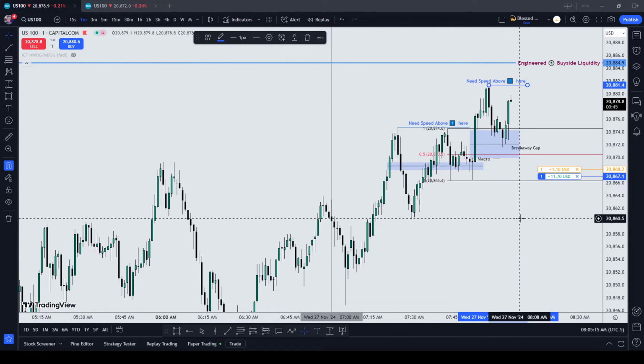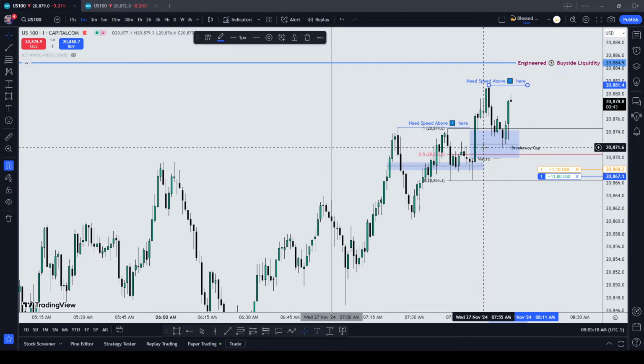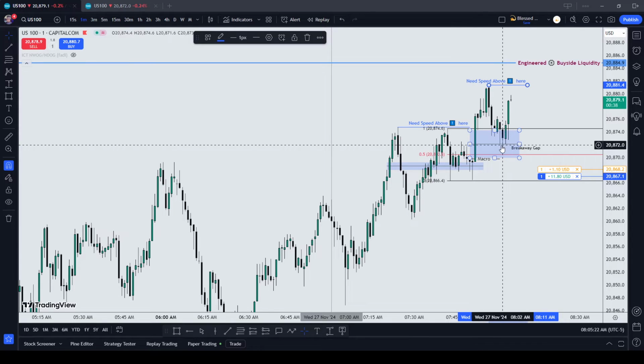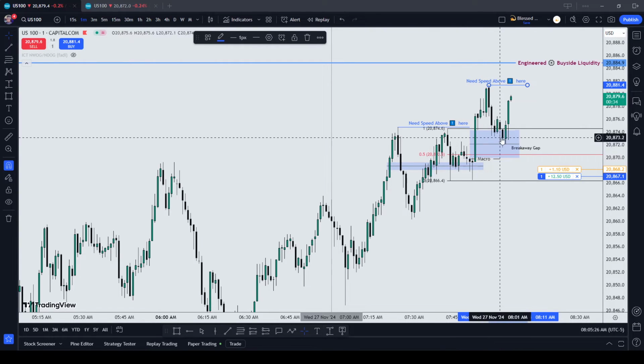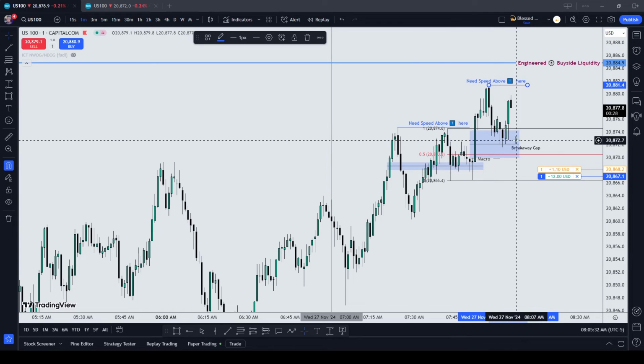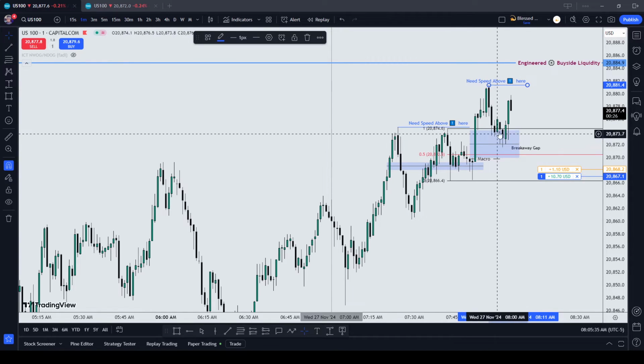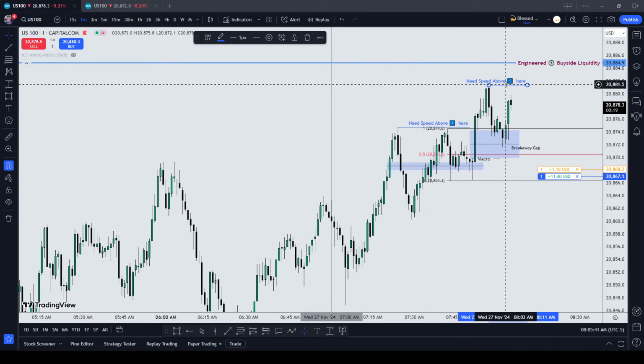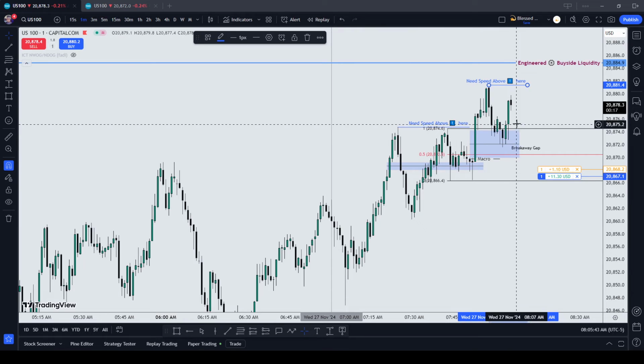Back to what I was saying: look at how price respected this consequent encroachment, traded a little bit down, but look at where the bodies all stayed, right inside the premium area of this fair value gap, and sent price higher.